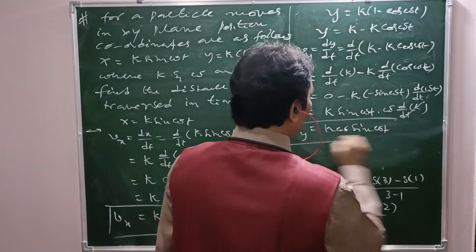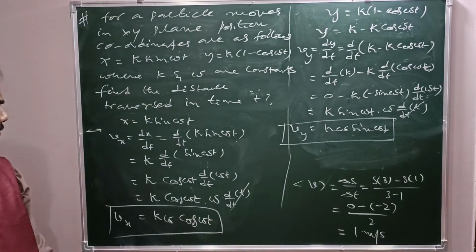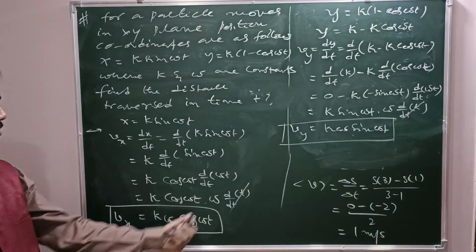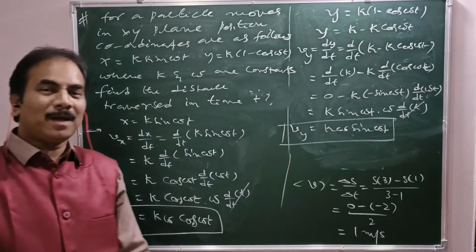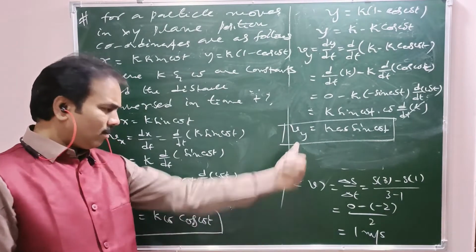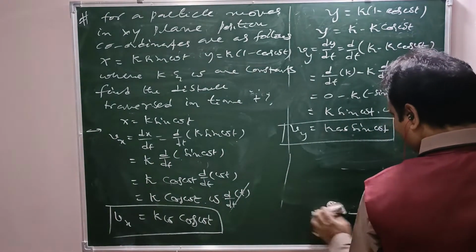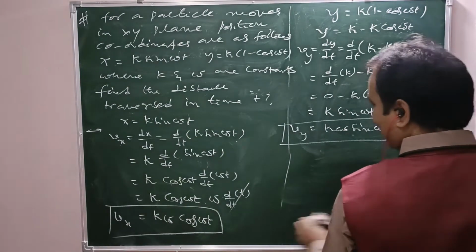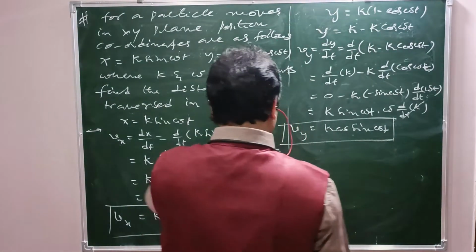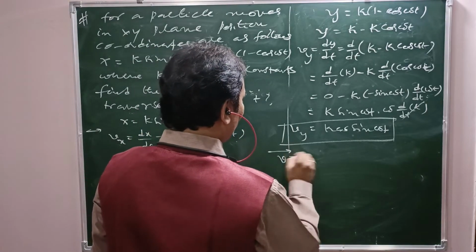So we have expressions for Vx and Vy. Right? So Vx is so and so, Vy is so and so. As the particle is in the xy plane, we have two components for velocity. So in vector notation, v bar can be written as Vx into i cap plus Vy into j cap.